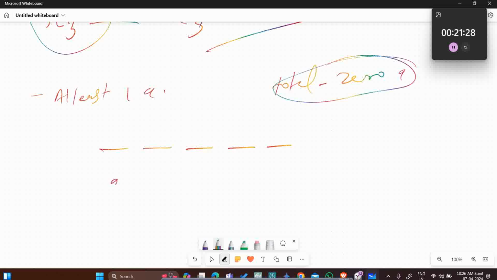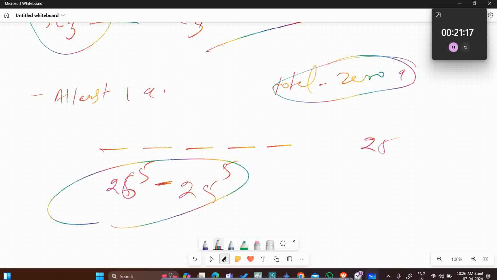Total would be like 26 to the power 5 minus 0A, which would be like 25 to the power 5. This would be like at least 1A, alright? This is called the complement method, alright?